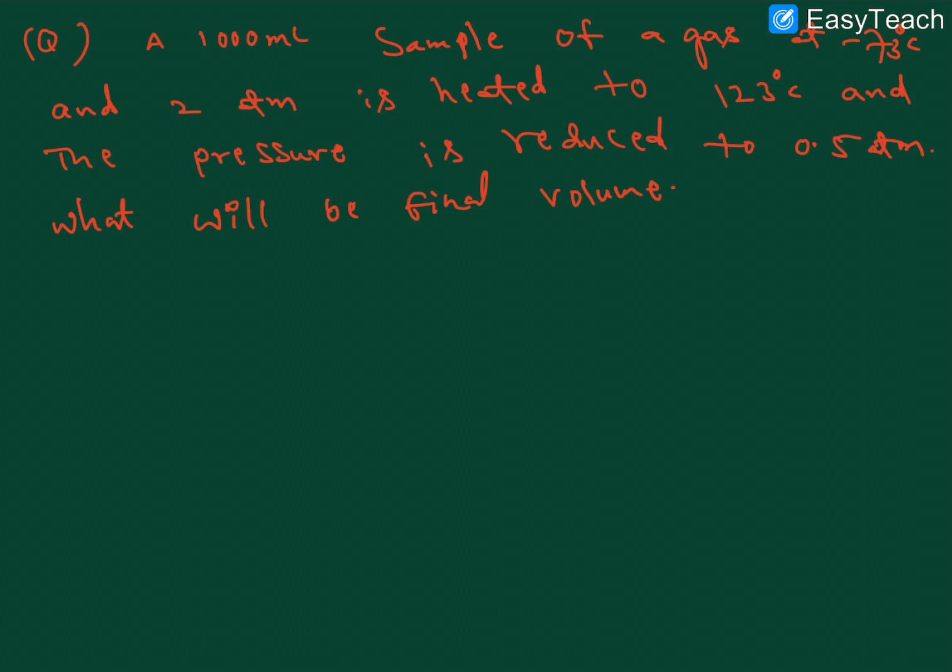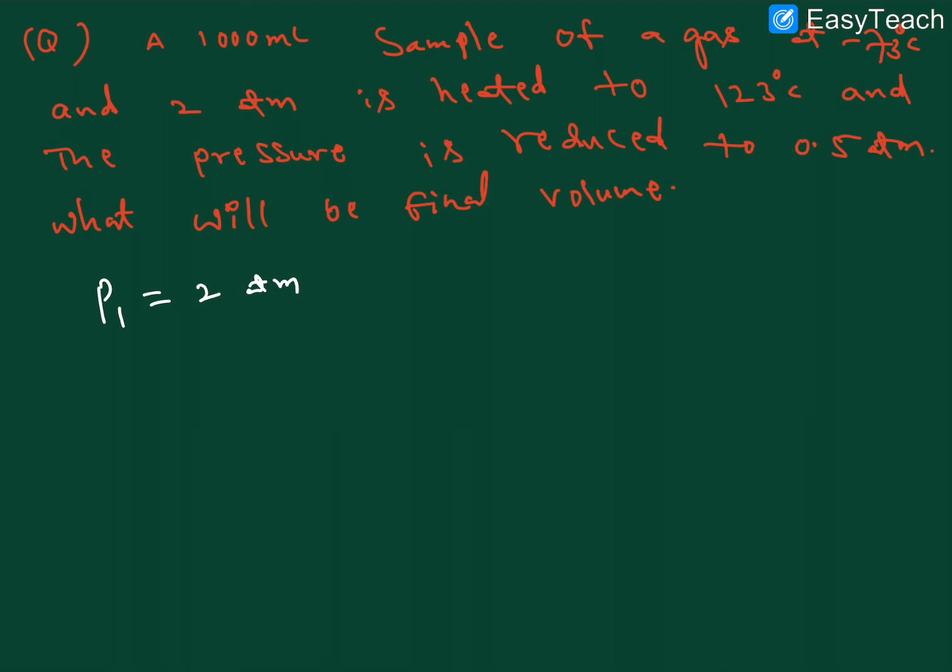The formula here is P1 V1 by T1 is equal to P2 V2 by T2. This is the formula. I hope it is clear. Pause the video and try to solve this answer. Right, P1 pressure is 2 and volume is 1000 ml, over 200, is equal to 0.5 into V2 over 400 Kelvin, right?